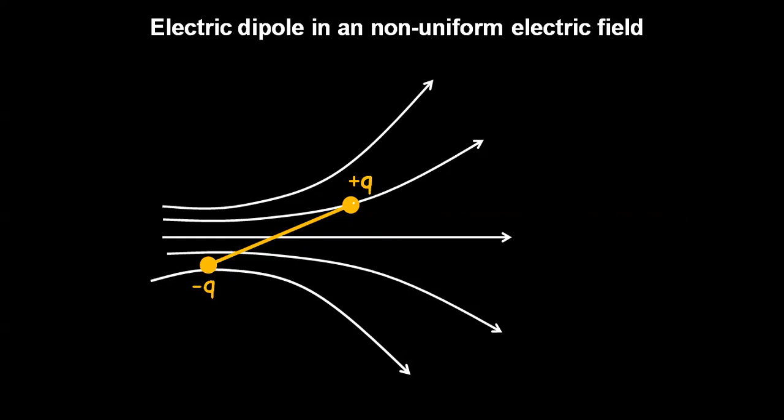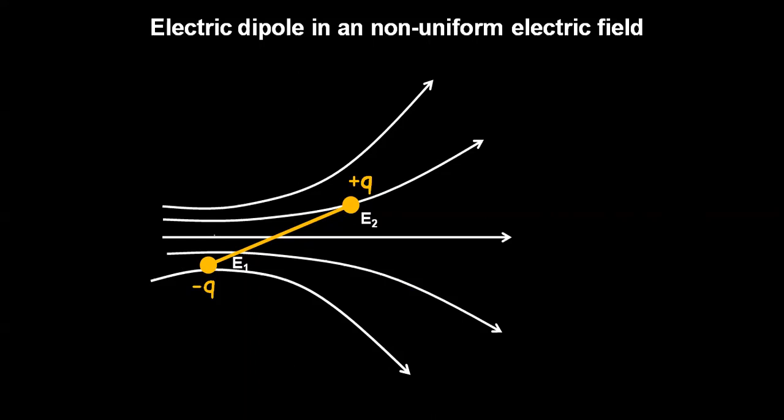So the plus q charge of the dipole is in the weaker part of the electric field, and the minus q charge is in the stronger part of the electric field. If the electric field is weak, the force due to that electric field will be smaller. If the electric field is strong, the force will be stronger. So minus q will be experiencing more force than the force on plus q.